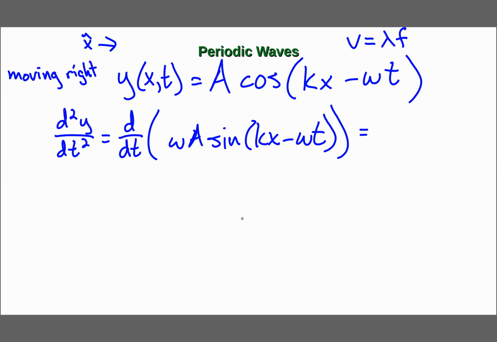Okay? And then that's going to be minus omega squared a cosine kx minus omega t. Okay? Oh, I wrote sine. This is cosine, right? We go back and forth as we take derivatives. And then the minus came out from pulling the minus omega in here, okay, from the chain rule.